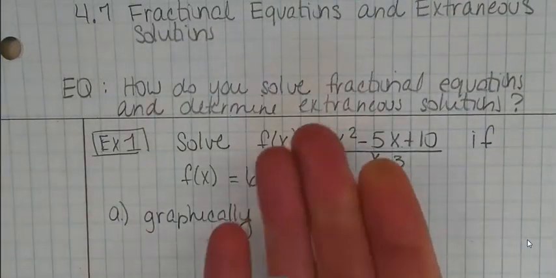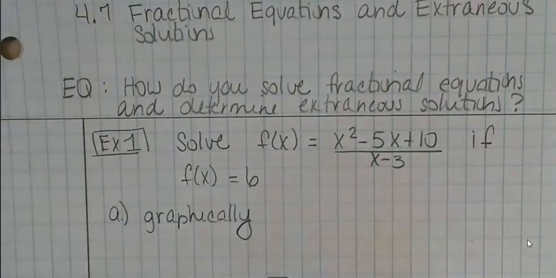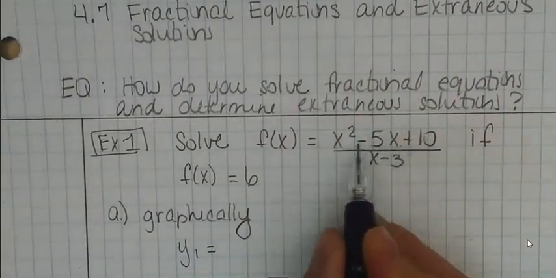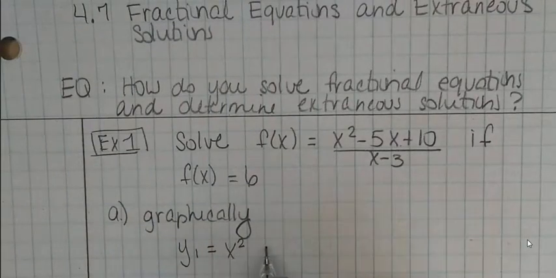Or at this point, you guys know how to graph this thing, so you could actually do it that way too. So graphically, I'm going to use my graphing calculator, and I'm going to put into my equation my first equation, the right-hand side here. Doesn't matter, you could make it the left-hand side too.